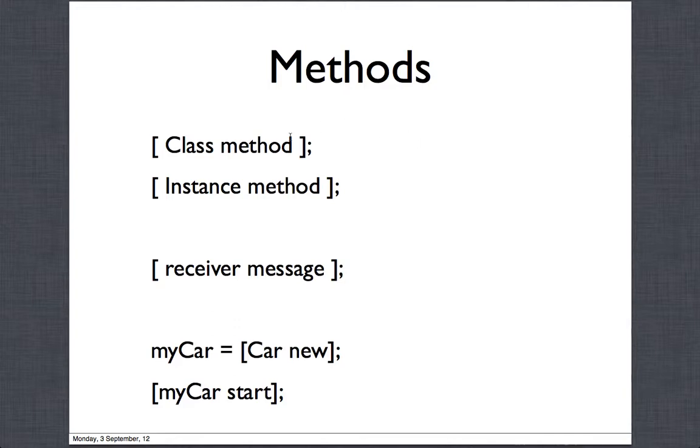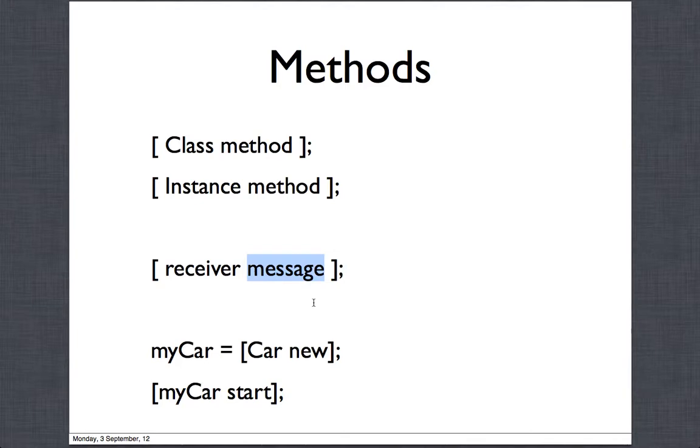So the syntax is like this. We have square brackets, we have a class or an instance, and then the method. We have the receiver, something that receives a message, and we have the message itself. And the message could be a name of the method with parameters or without parameters.